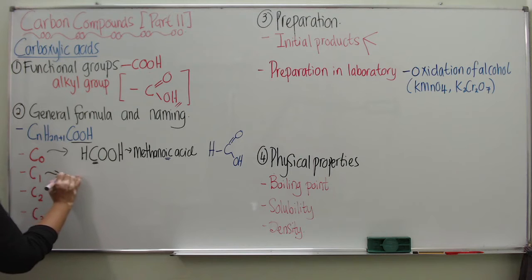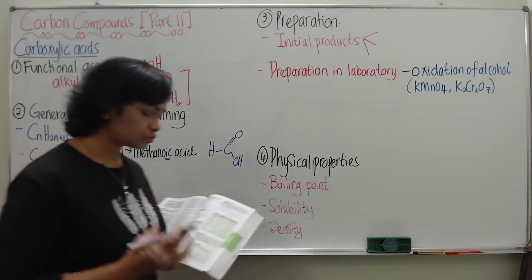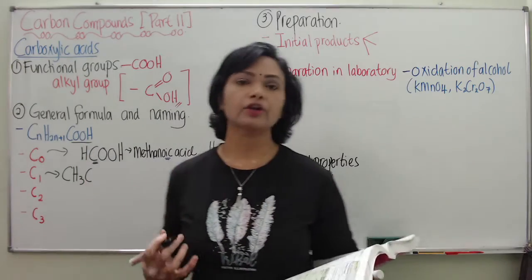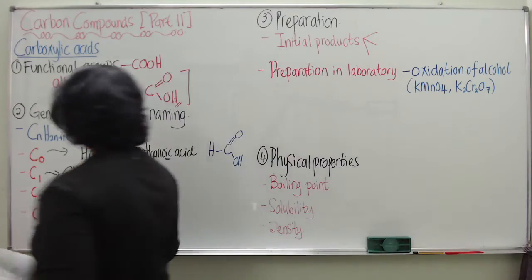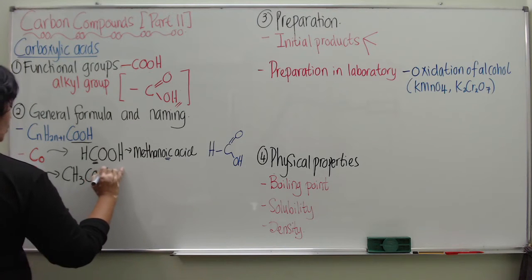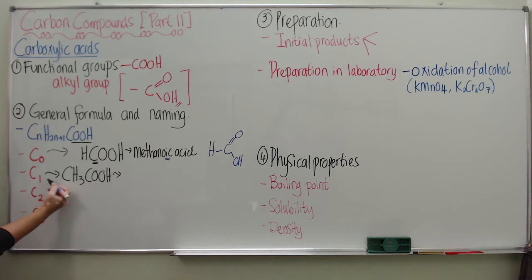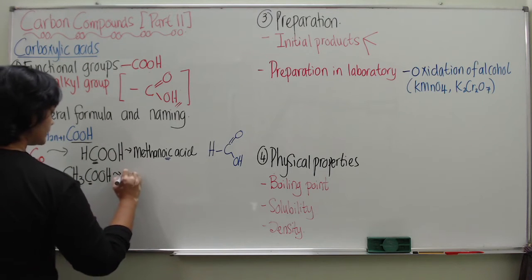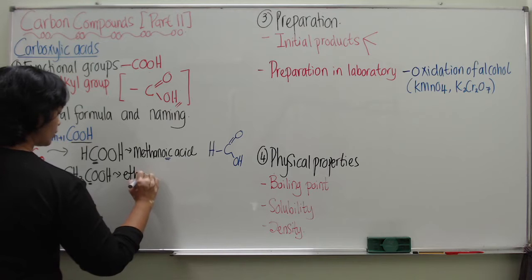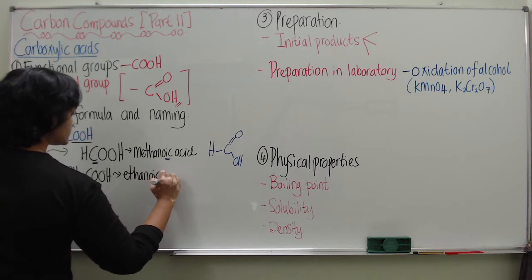C1 will be CH3COOH. While watching this video, students can work the general formula out with the teacher. Now please don't get confused. Even though it's a C1, you can see there are two carbons here. So that is the reason why this will be ethanoic acid.